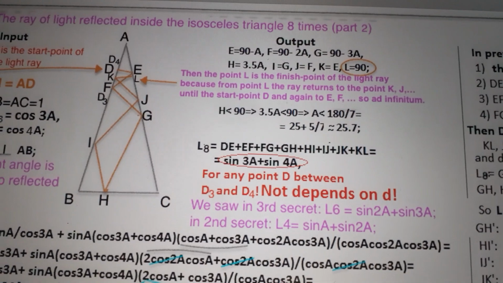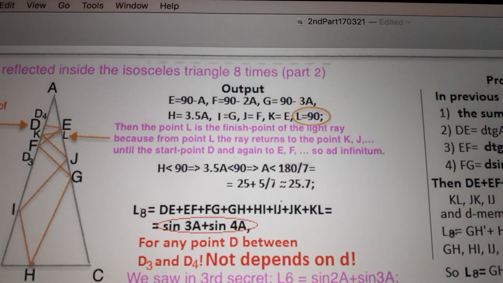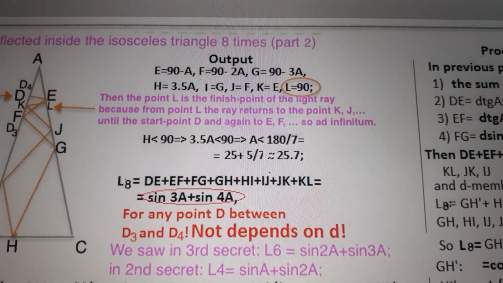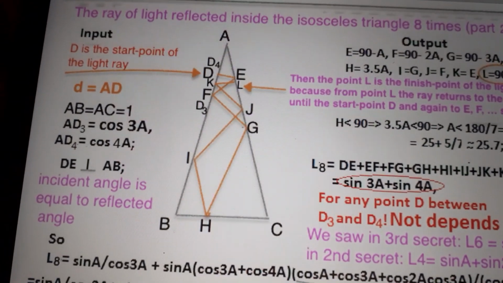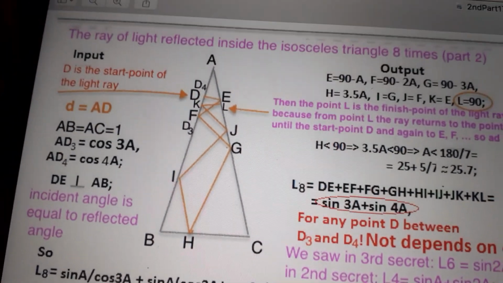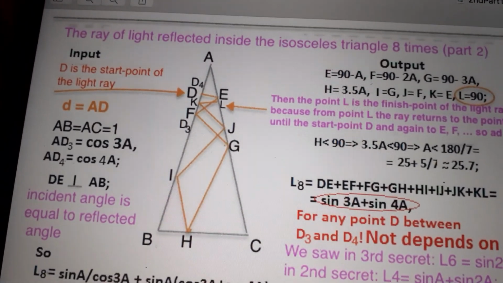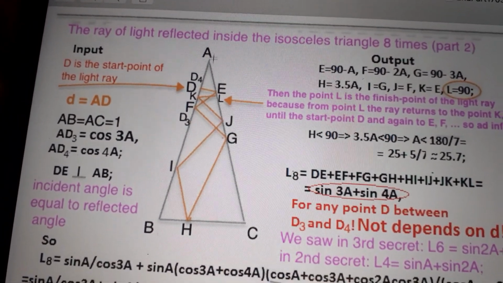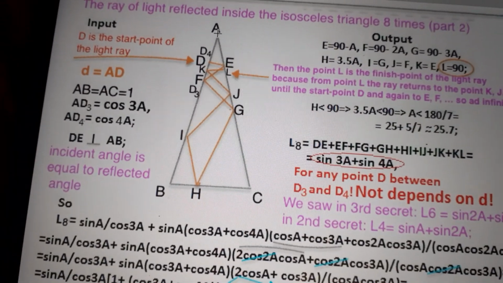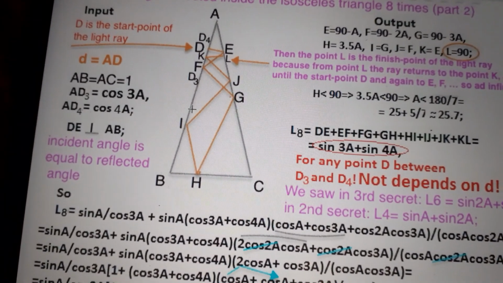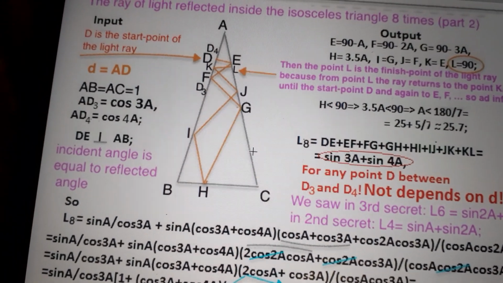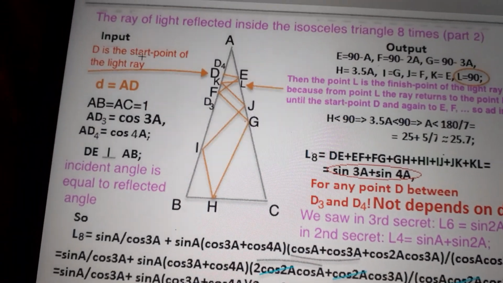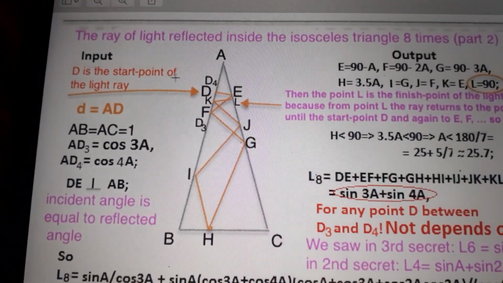A ray of light reflected inside the isosceles triangle 8 times, part 2. Here we see the isosceles triangle ABC, and here AB is equal to AC, and point D is the start point of the light ray.